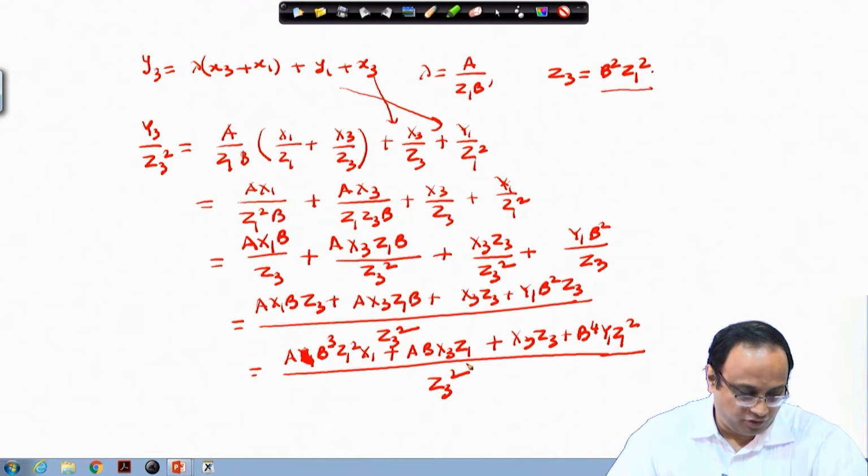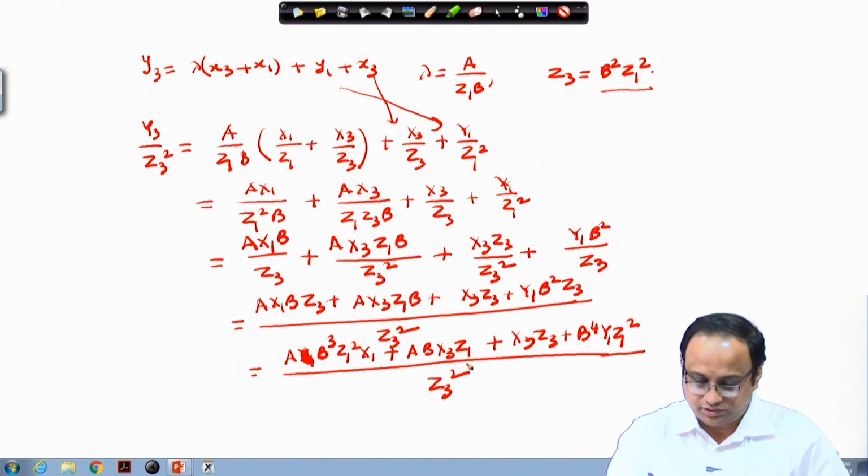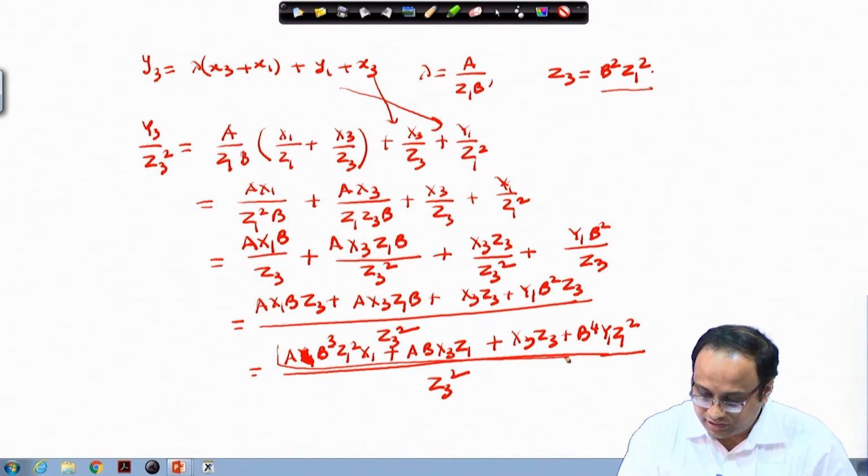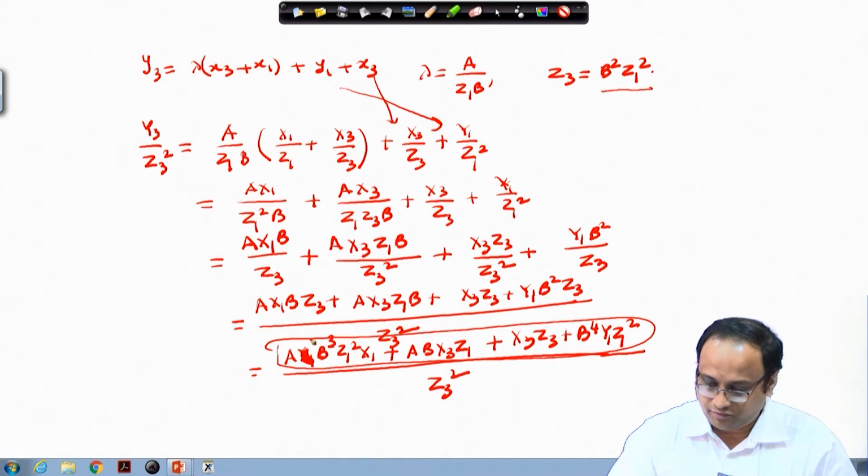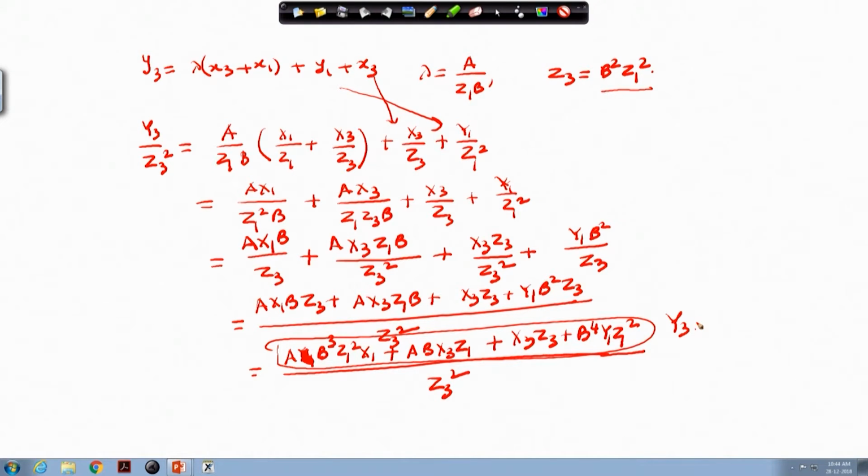So therefore, I have got this numerator, which is essentially nothing but y3. So this is my equation for y3, okay.